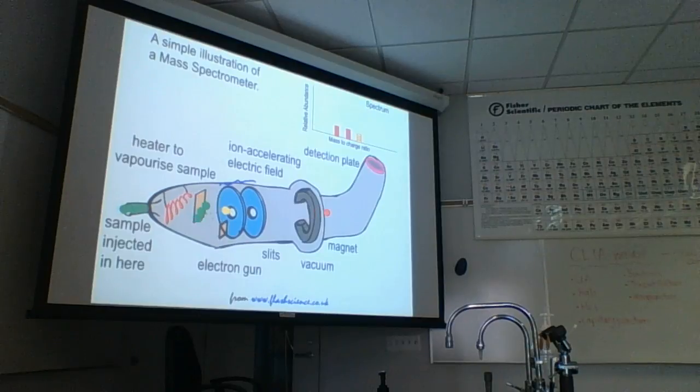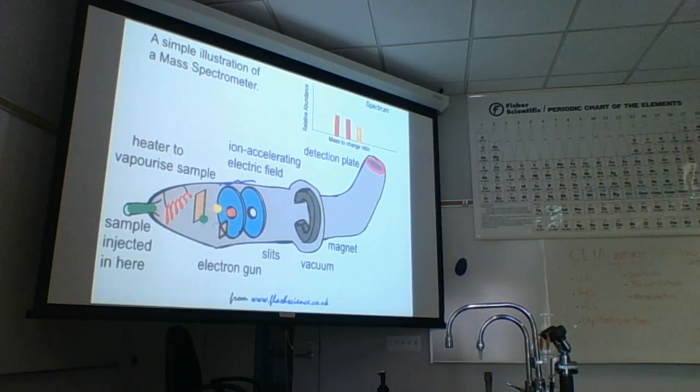Our sample might be ions, atoms, or molecules. If it is atoms or molecules, we have to change them into ions. This is the role of the electron gun. The electrons will knock off 1 or more electrons from the atom or molecule. When an atom or molecule loses an electron, it doesn't affect its mass, as electrons have negligible mass. But it will create a particle which is a positive charge, or 2 positive if it loses 2 electrons.